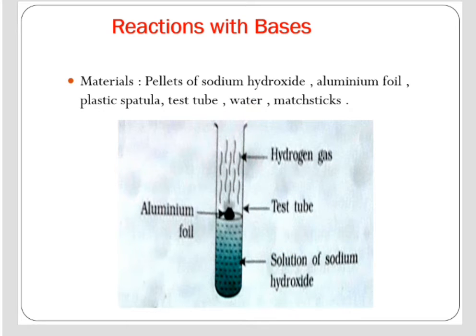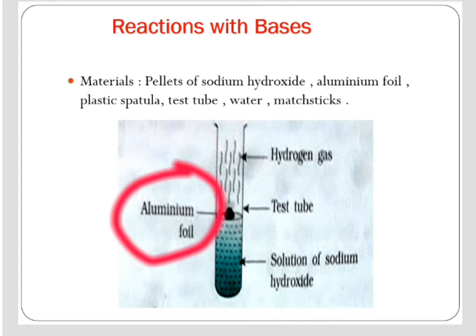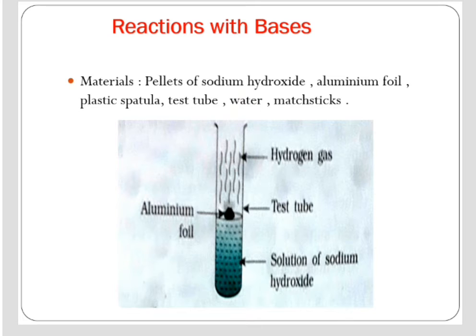Drop pieces of aluminium foil into the test tube and bring a burning matchstick near the mouth of the test tube and observe carefully. Observation: the burning matchstick extinguishes with a pop sound. And conclusion: during this reaction, hydrogen gas is produced.